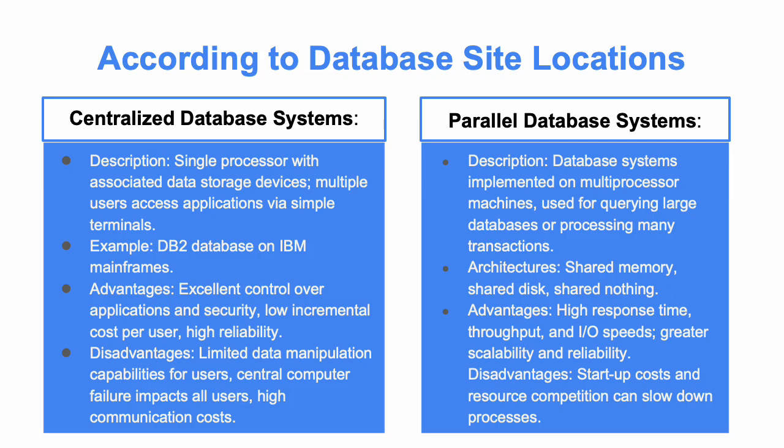Multiple users access these applications through simple terminals, which do not have their own processing power. The user interface is text-based and business rules are enforced by the applications running on the mainframe or the PC. An example is the DB2 database and COBOL application program running on an IBM 390 mainframe.